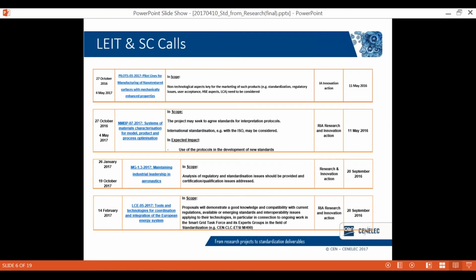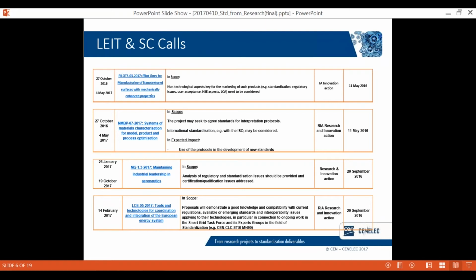And the last example I selected goes very much into the detail and very specifically links to CEN-CENELEC. For tools and technologies for coordination and integration of the European energy system, proposals will demonstrate a good knowledge and compatibility with current regulations, but in particular in connection to ongoing work in the Smart Grids Task Force and its expert groups in the field of standardization, e.g. CEN-CENELEC-ETSI Mandate 490.